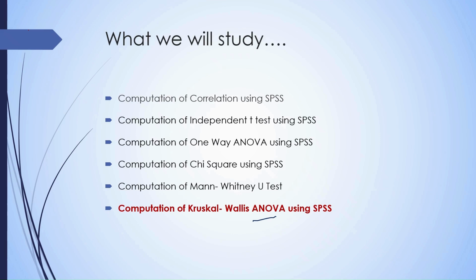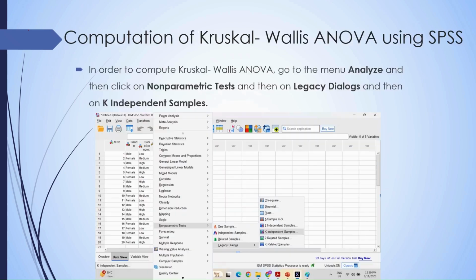Here we are going to deal with minimum 3 or more independent groups and see if there is a significant difference between them. Again, this being a non-parametric statistical test, we are going to calculate the median here. Okay, and if you remember, I have also told you that the Kruskal Wallis ANOVA is an extension of Mann-Whitney U test. All right, let's see how to compute that now.